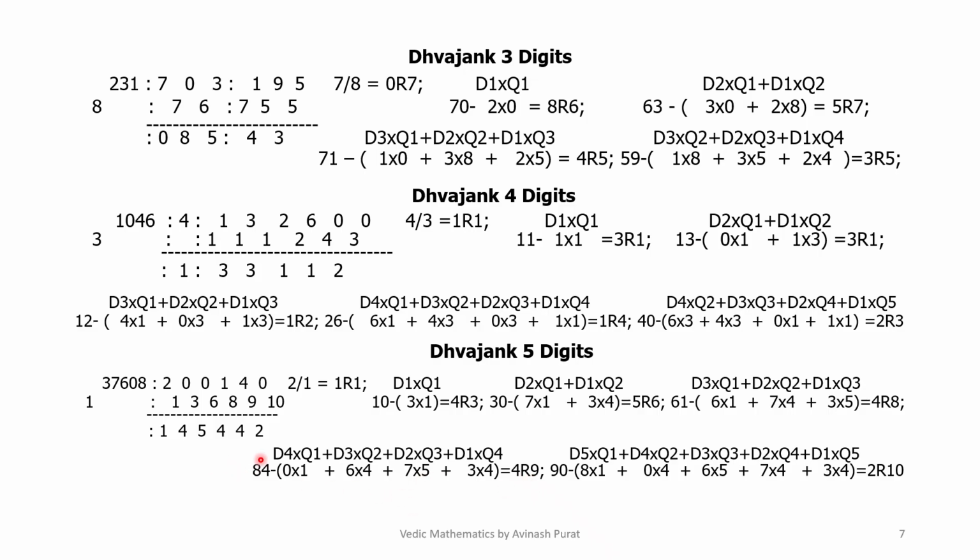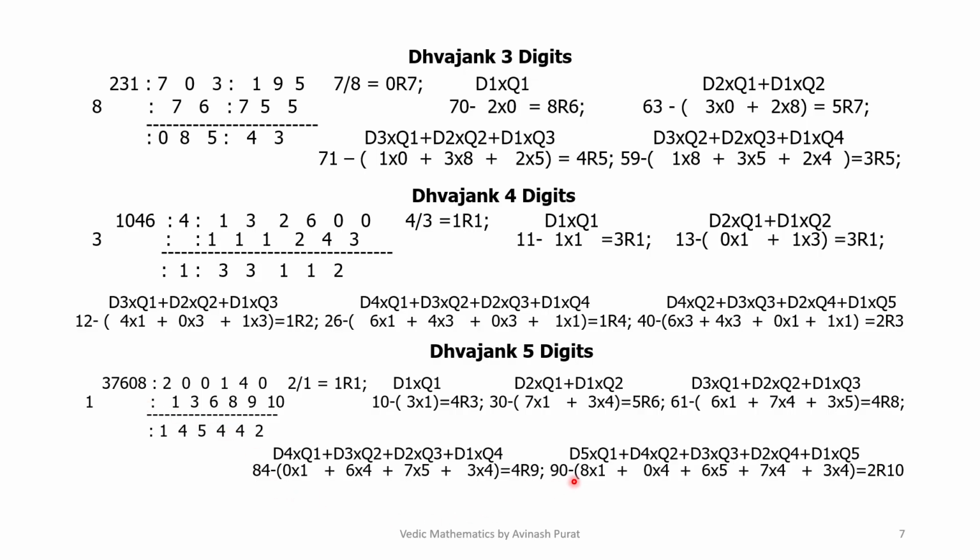Now, next dividend is 90, minus, now D5 into Q1, D4 into Q2, D3 into Q3, D2 into Q4, and D1 into Q5.